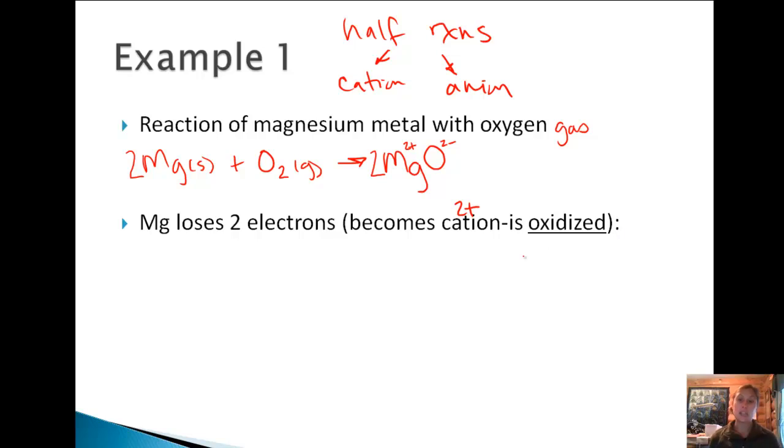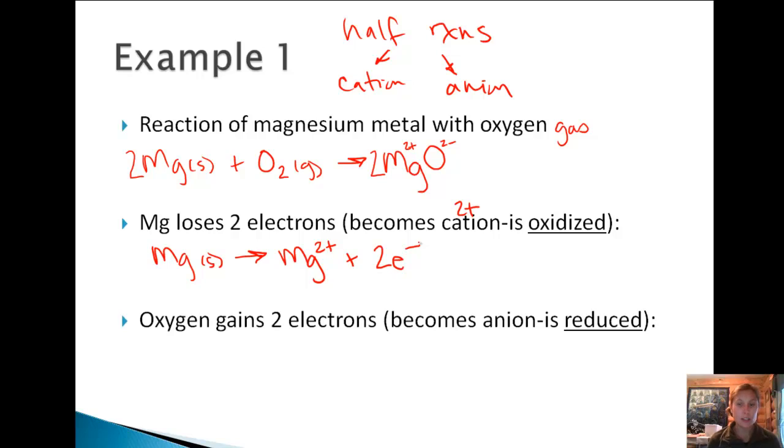That's the oxidation part of our oxidation-reduction reaction. Since it's losing 2 electrons, it goes to magnesium 2+, but we need to account for those 2 electrons, so we make them part of the product, because they were removed from the magnesium. They're listed as a separate product. So that's one half reaction.